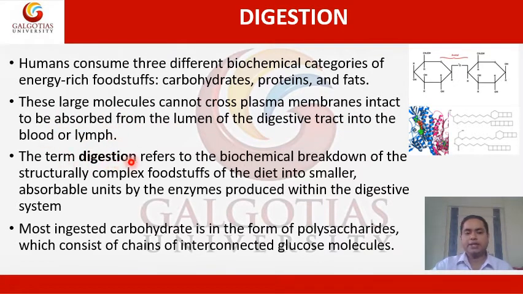The term digestion refers to the biochemical breakdown of the structurally complex foodstuff of the diet into smaller absorbable units by the enzymes produced within the digestive system. Most ingested carbohydrate is in the form of polysaccharide, which consists of chains of interconnected glucose molecules.